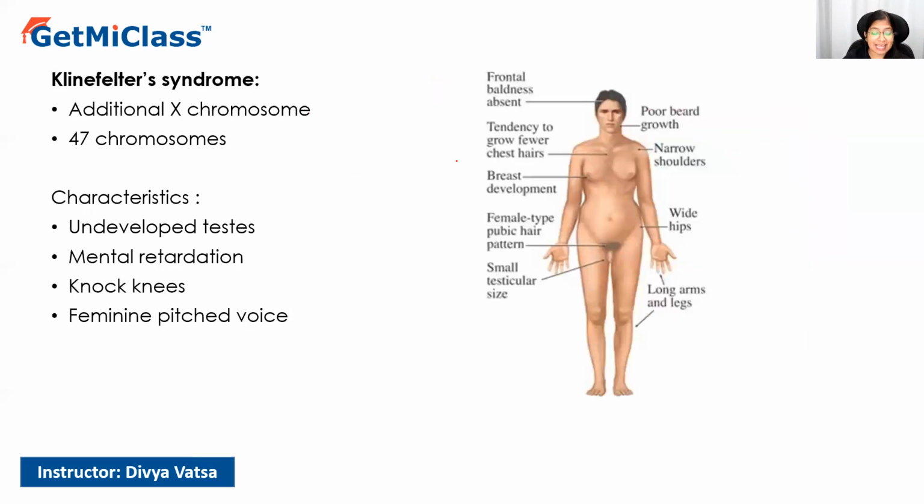Now moving on to the next one, that is the Klinefelter syndrome. In Klinefelter syndrome, at the 23rd position, there are basically two chromosomes there. Okay, there is going to be an additional X chromosome present. That is why the total number of chromosomes now is 47. Here in these cases, we see that they have undeveloped testes.